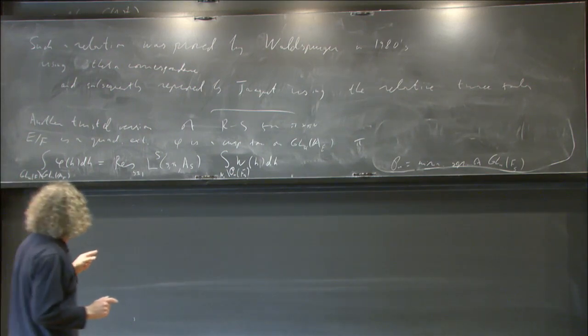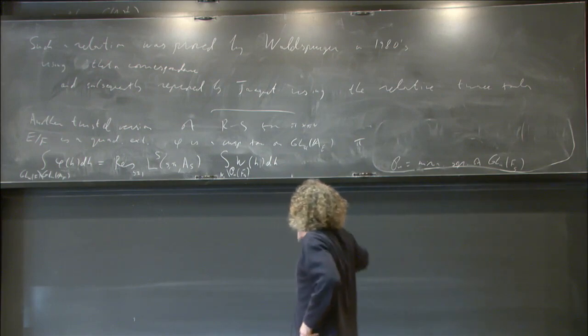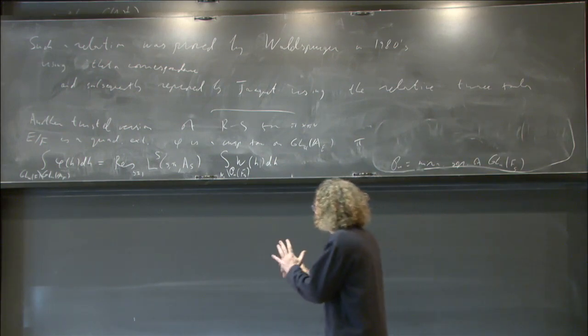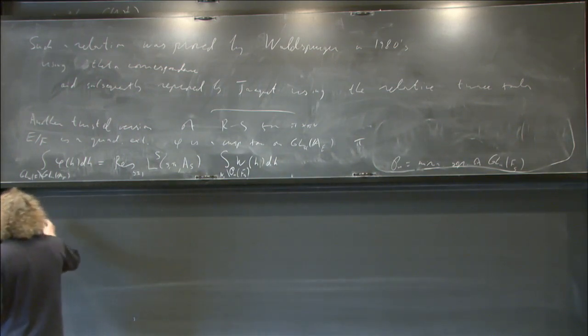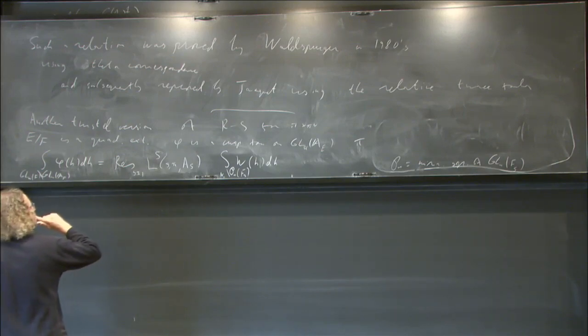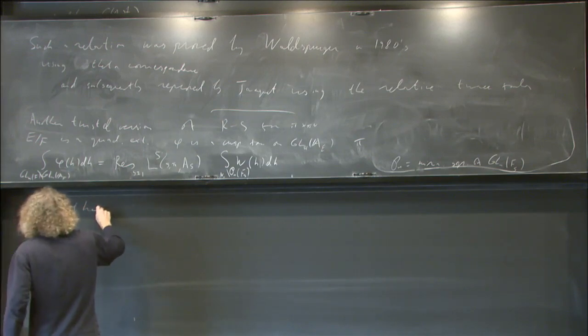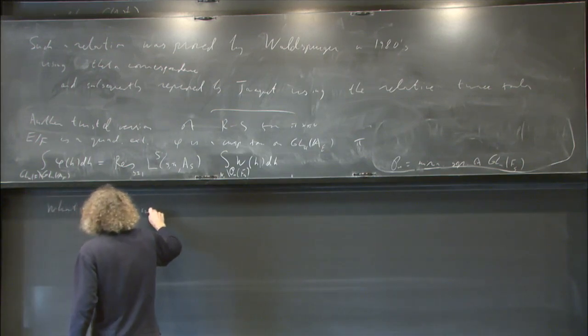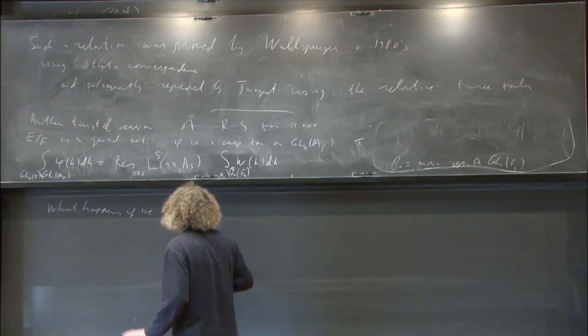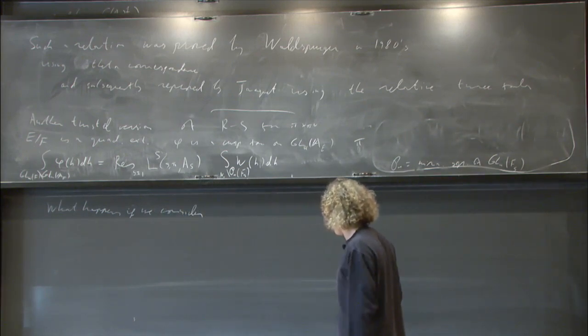But yeah, so this is just a twisted analog, but there is a less clear analog. So what happens if we consider, I mean, I will talk about my results. Don't worry, I'm not shy.